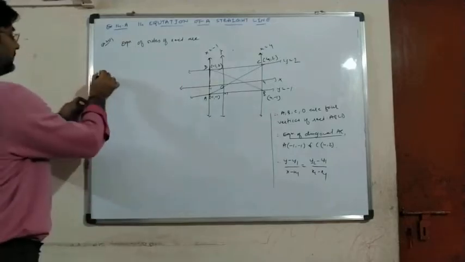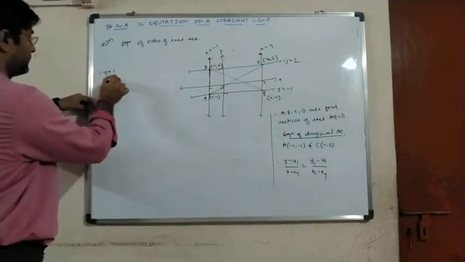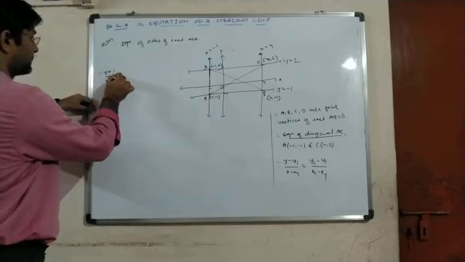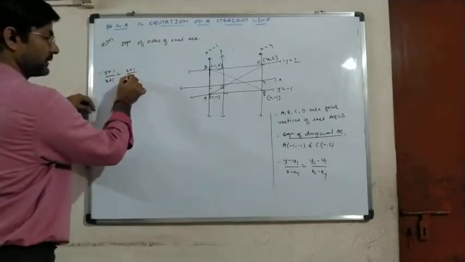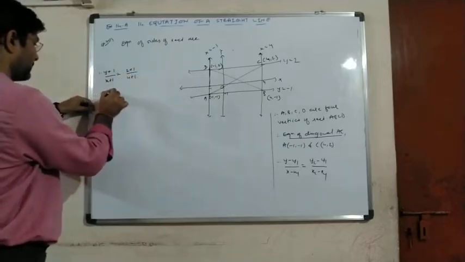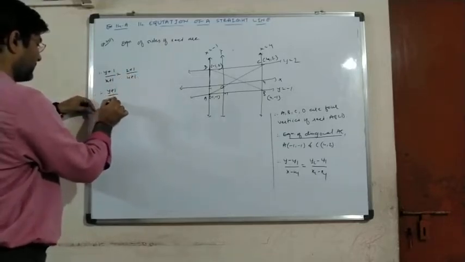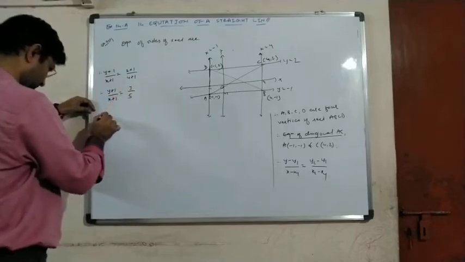Therefore y plus 1 upon x plus 1 is equal to 2 plus 1 upon 4 plus 1, therefore y plus 1 upon x plus 1 is equal to 3 upon 5.